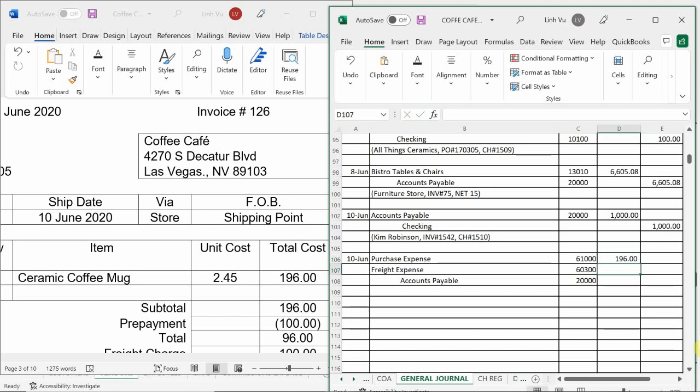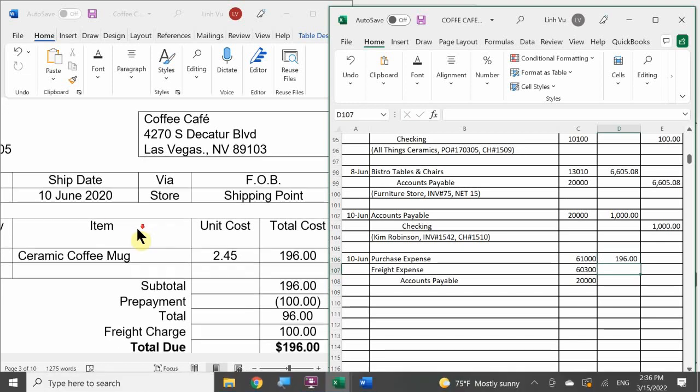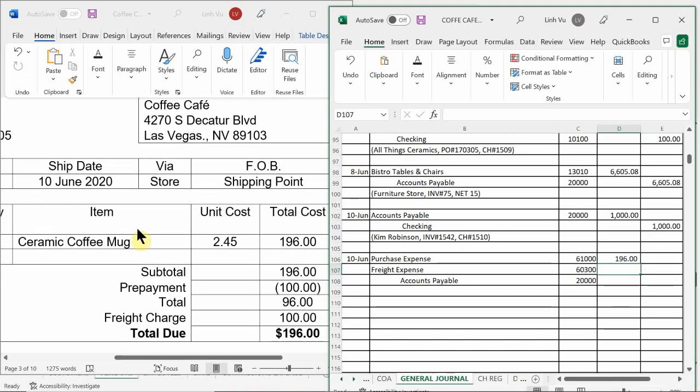In this case, how much freight was I charged? $100. Now, let's take a look at my bill. What does it say that I owe? How much does my bill say that I owe?